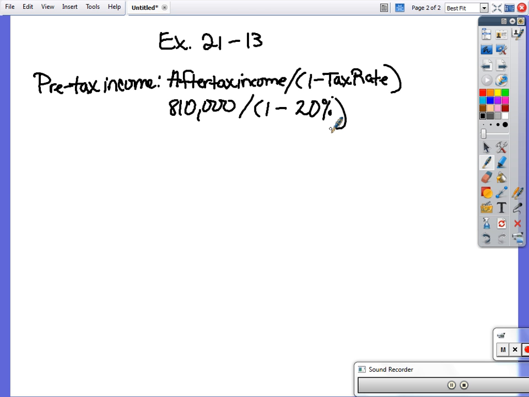And remember, going back to basic math, you have to do what's in parentheses first, right? It's 1 million. No, he's right, but let's do 810,000 divided by 0.80. And what is it, Mr. Ayiva? 1,012,500. Yes.